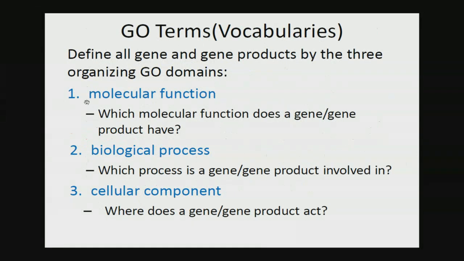One is molecular function: which molecular function does a gene or gene product have? The second one is biological process: which process is a gene involved in? And the third one is cellular component: where is the gene product active? Usually people are more interested in the biological process or molecular function.